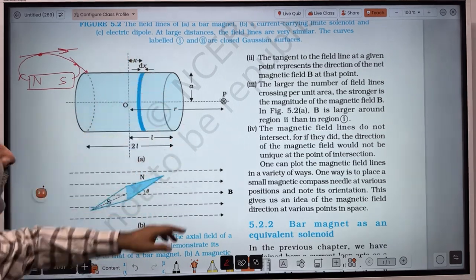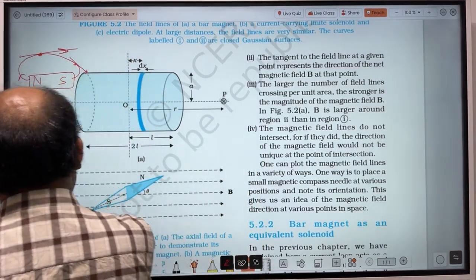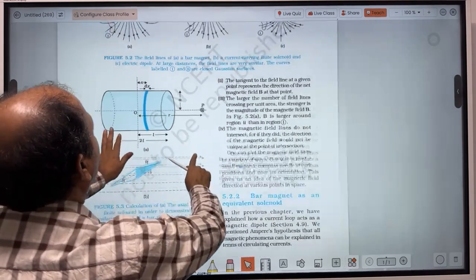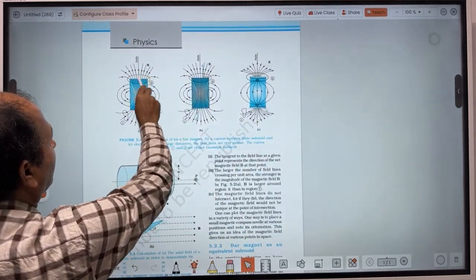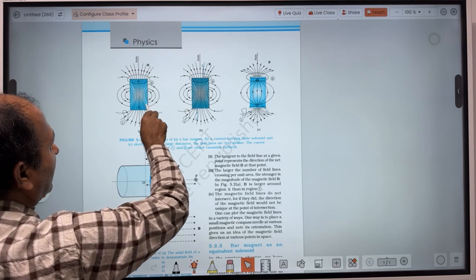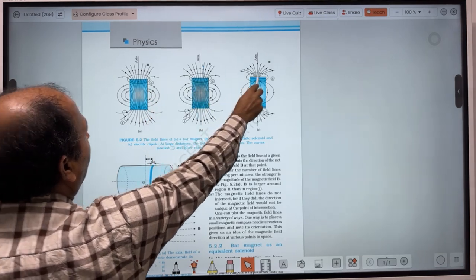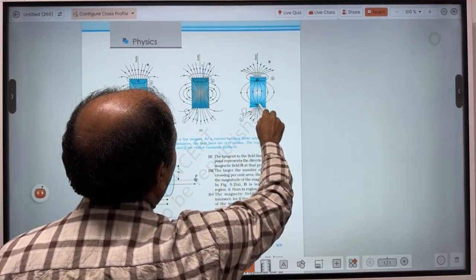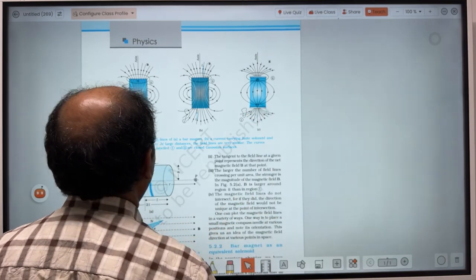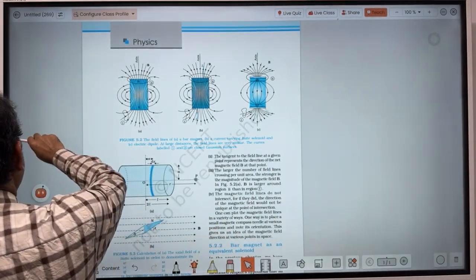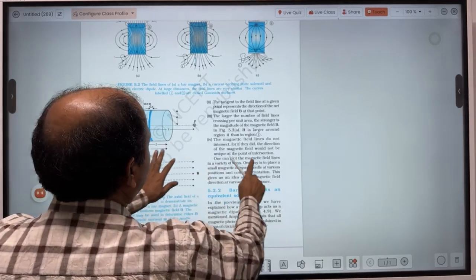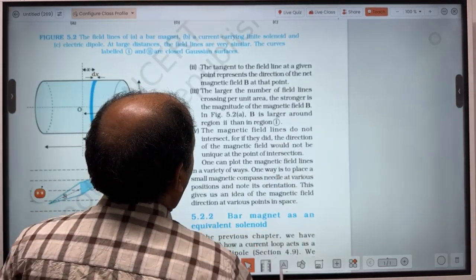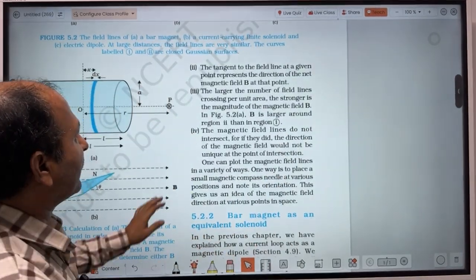We can see in the figure where the lines are dense, like here, more field lines are there, and here field lines are less. So field strength will be larger in the dense region. And if they are rarely spaced, in that case we say that the field lines are representing a weaker magnetic field.